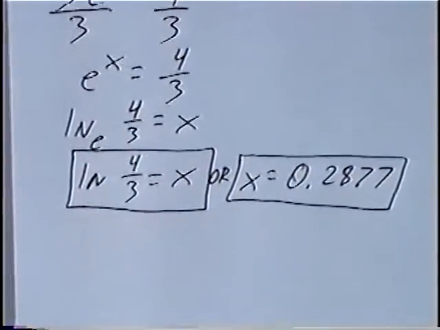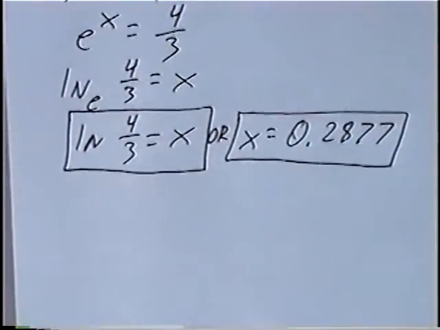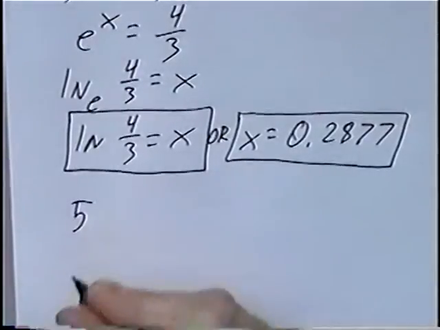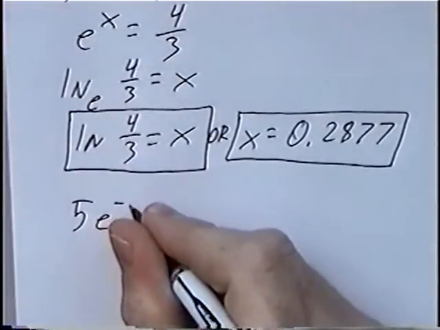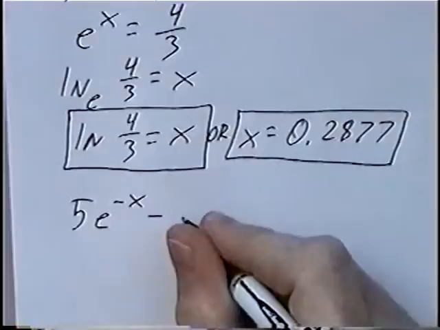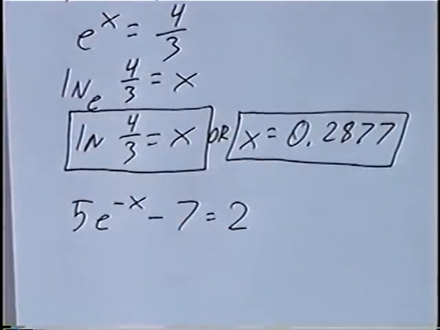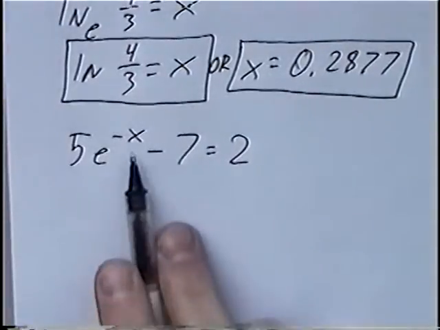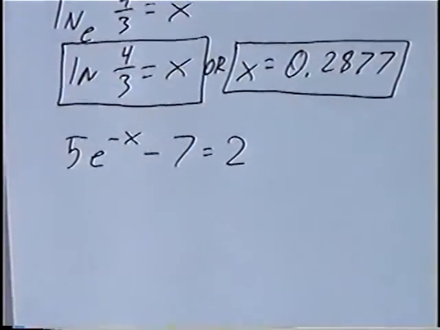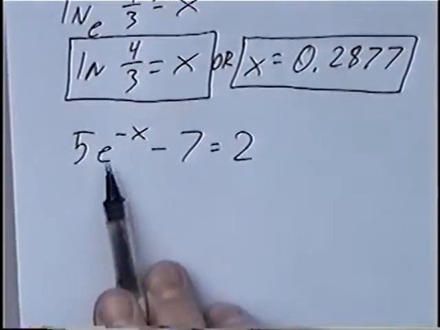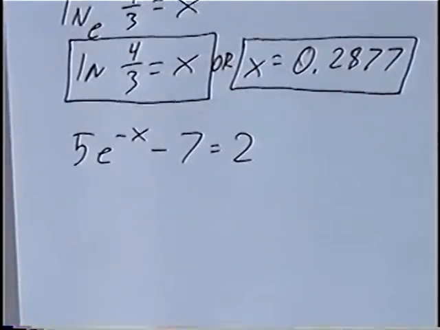Second question, and last question for the section. The equation is 5 e to the negative x power minus 7 equals 2. Again, solving this, we want to isolate x to find out the value of x, which will include a natural logarithm since we have the letter e in the equation.